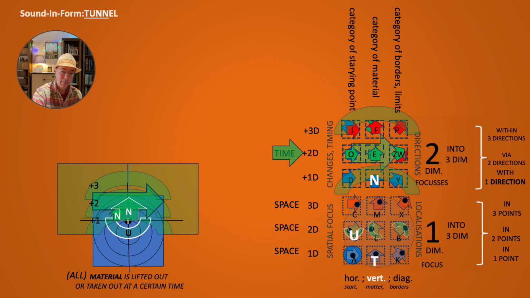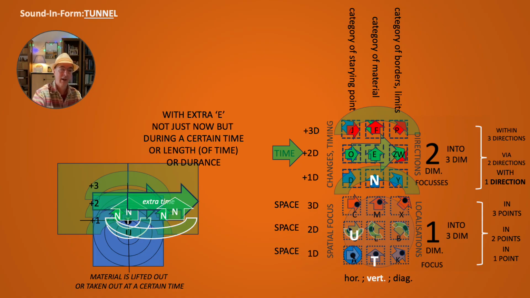And when you have the double N, it's really focusing completely on all the material that has been left out, all the material that has been lifted out vertically or had been taken out at a certain time. Or dug out, you could even say, when you are talking about a tunnel. You should already know and sense that, we're already going towards that direction.